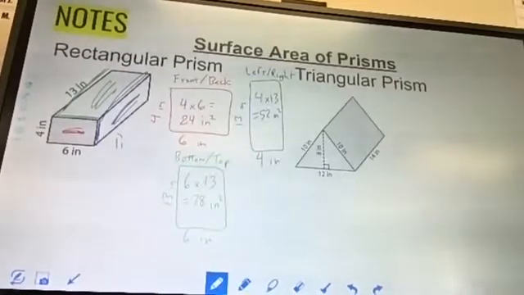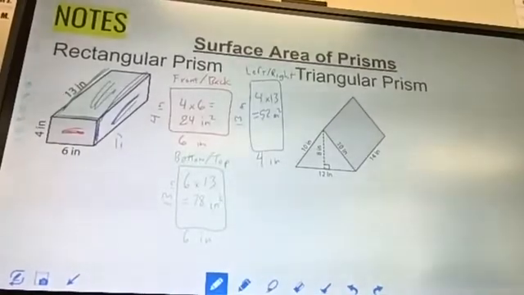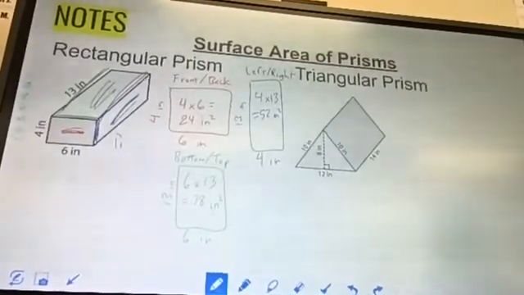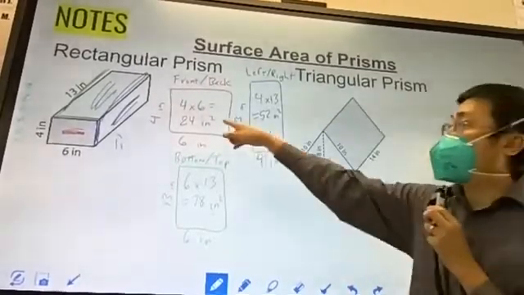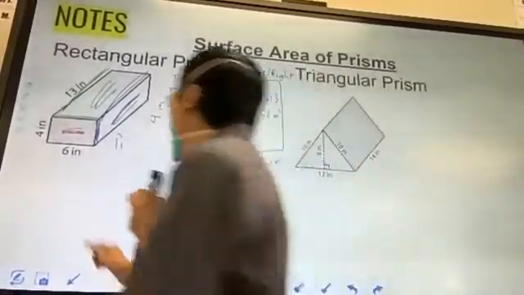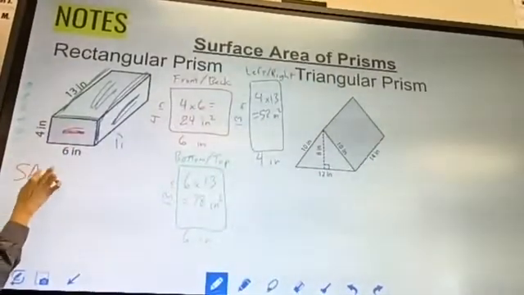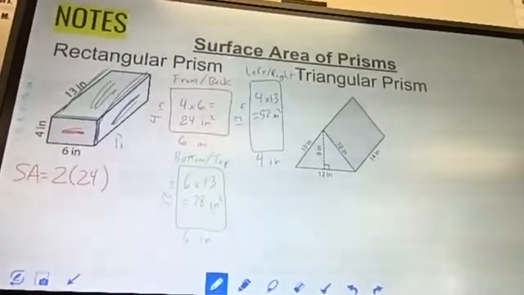Okay. Now to find the total surface area, we need to add the front, the back, the left, the right, and the bottom and the top. So the front and back have the same measurement, so I'm going to do 2 times 24, because that's the front and back.